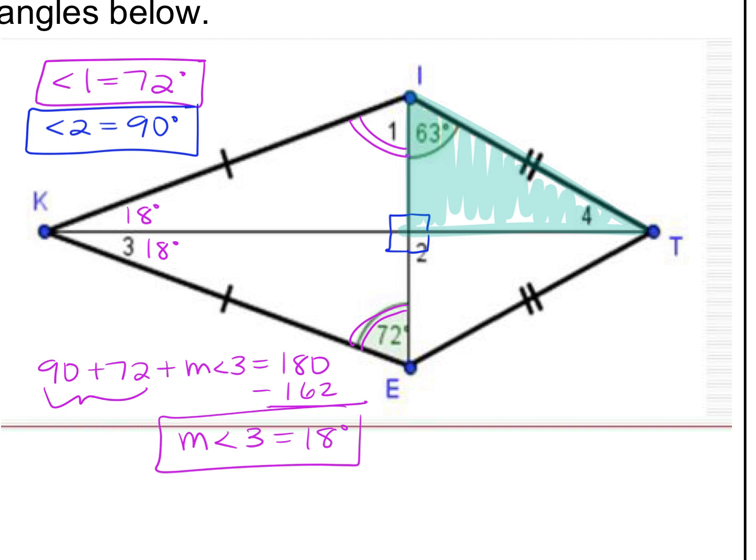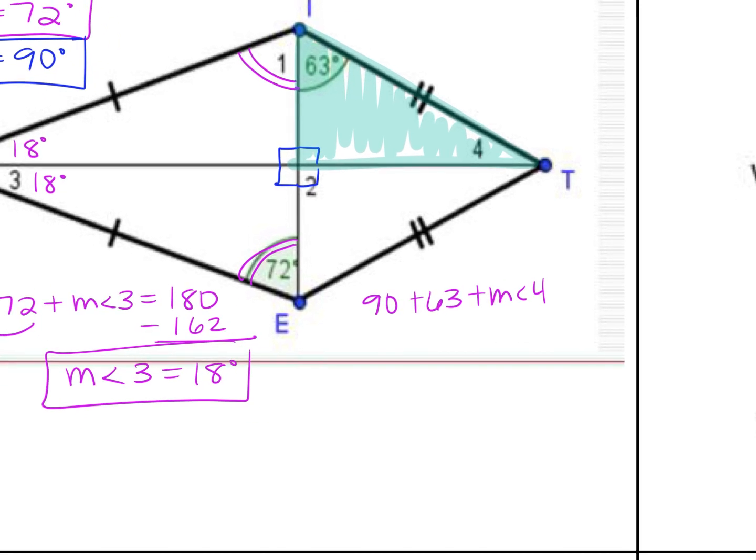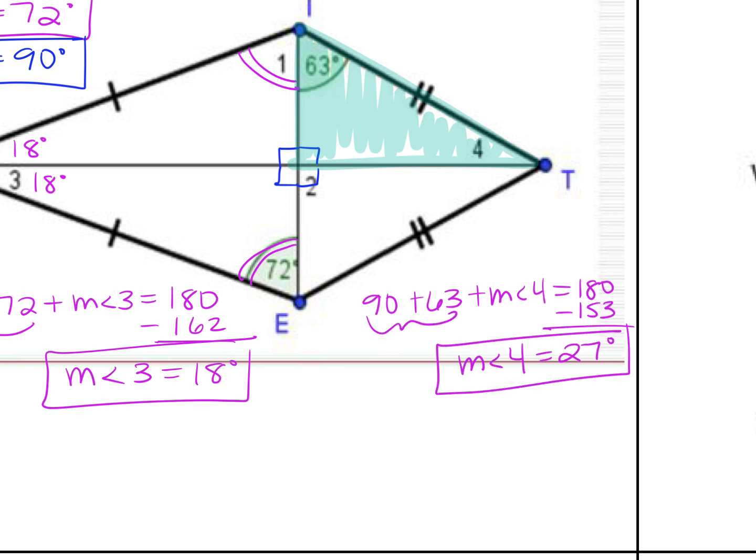So it's going to be 90 plus 63 plus the measure of angle 4. That has to equal 180. So take away the 153, and you get the measure of angle 4 is 27. Okay, lots of triangles, right? Look for triangles. Triangles always add up to 180.